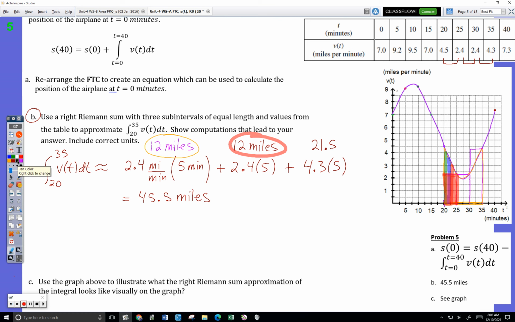Actually, let's keep going down the rows here. So we're on Ryan. Can you explain in words what that number represents? Displacement. More detail. You're doing great. Because displacement always has to be with a time period. From 20 to 35. Good. So this is the plane's displacement from 20 minutes to 35 minutes. Do your best, Bridger. Say that same thing in different words. Like, what does it mean?